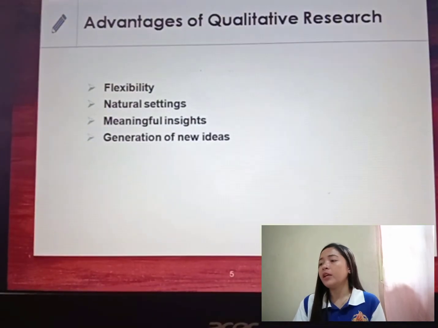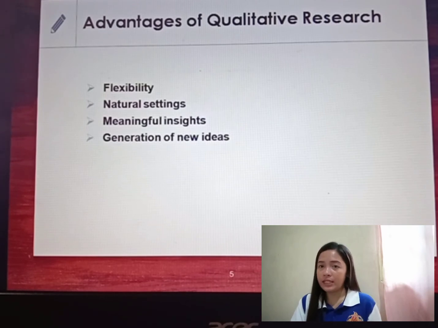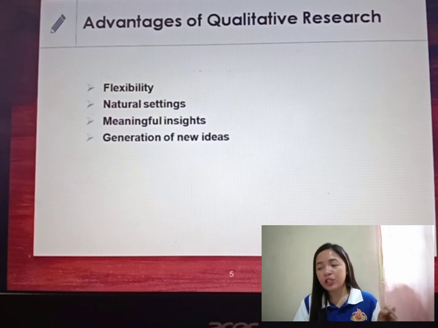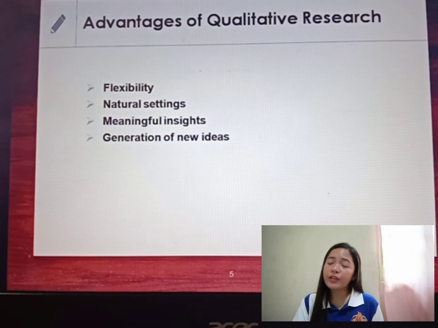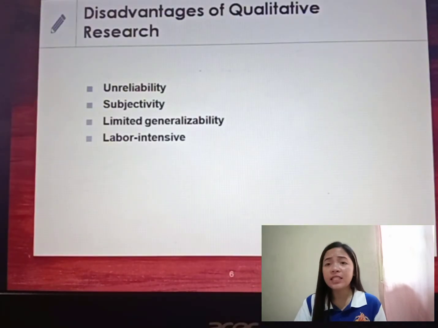So moving on, here are the advantages of qualitative research: its flexibility, natural settings, meaningful insights, and the generation of new ideas. However, there are also disadvantages of qualitative research.